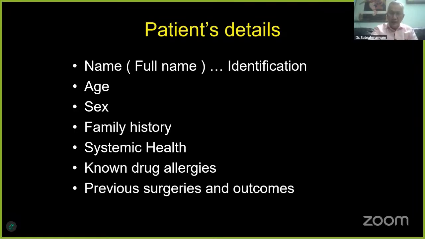So we would like to know if the patient has undergone surgeries previously under general anesthesia for any other disease, how it was, whether the recovery was smooth or not, or whether there were any complications because of general anesthesia.